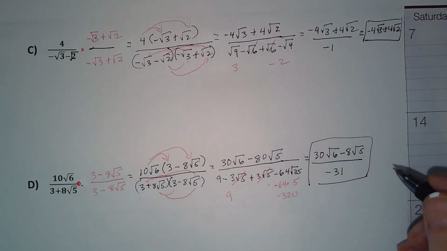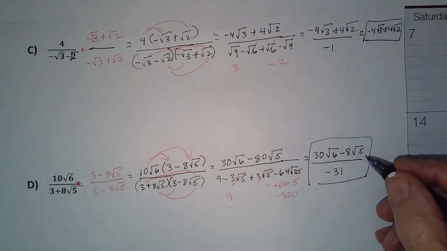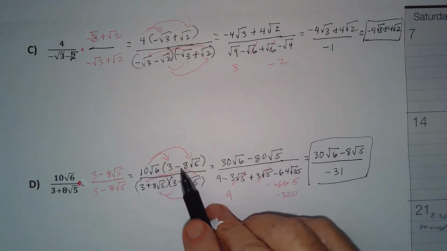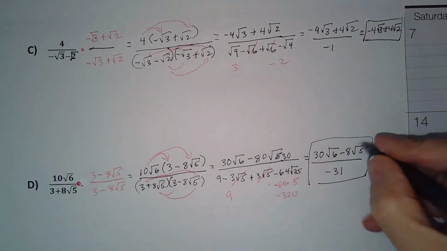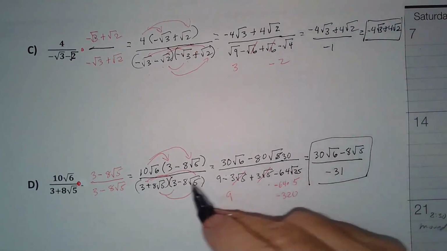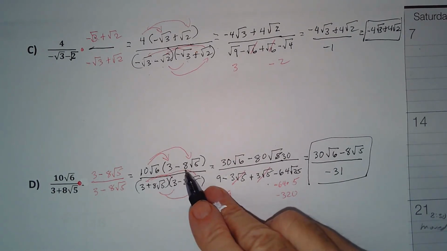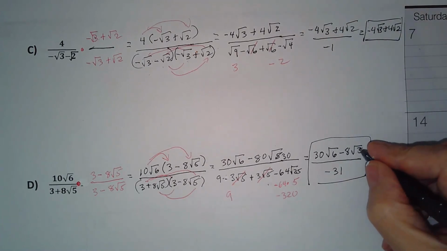But can we, let's see, can we reduce in any way? Let's see, this is 6, this is 5. Oh, wait. Negative 80, this is square root of 30. So negative 80 square root of 30.